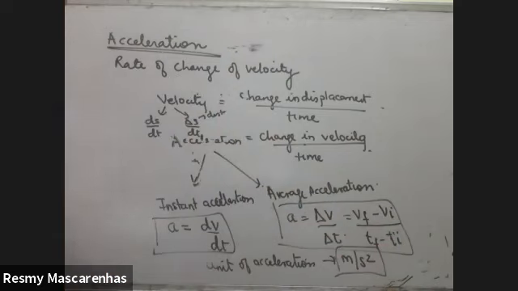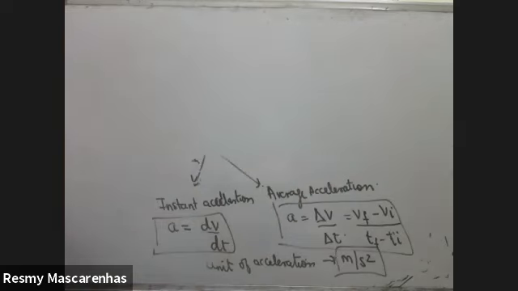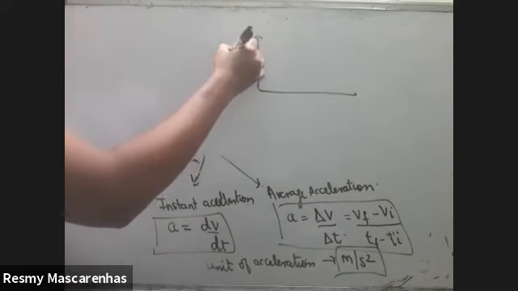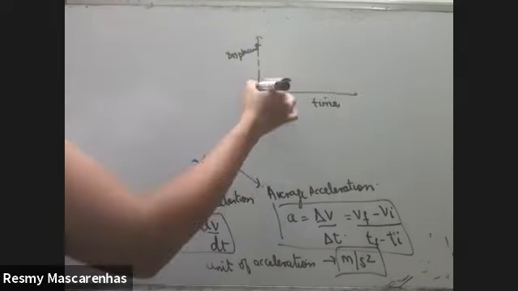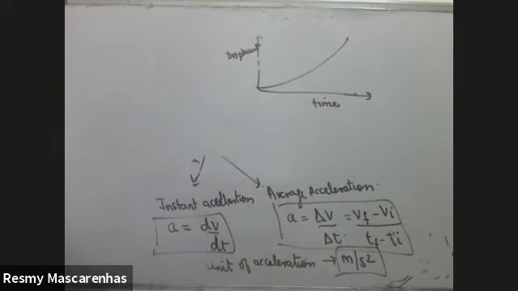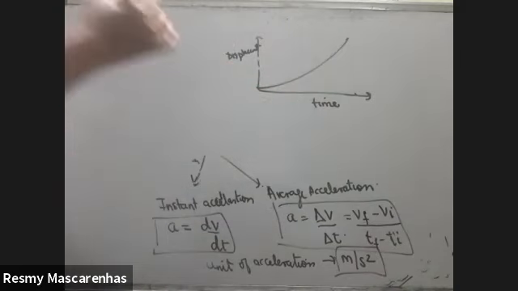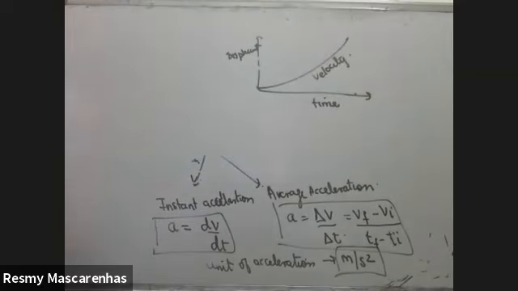Now we'll just see, in terms of slope, how it would be. The graph. Suppose if you plot displacement versus time, and if anything is changing with distance per unit time, then that is definitely velocity. We just saw that in the previous class.